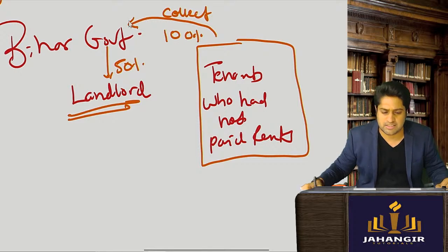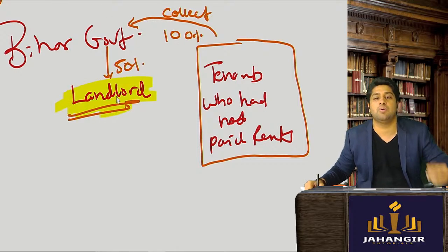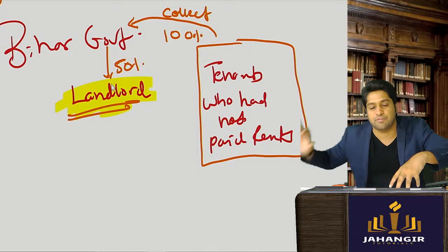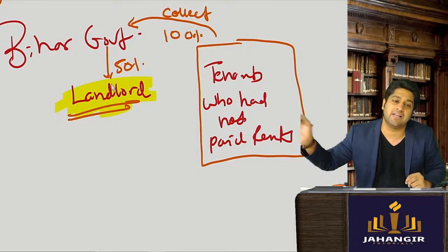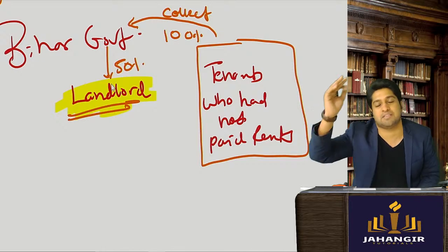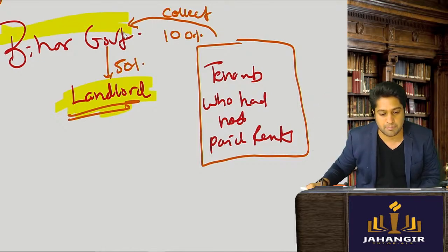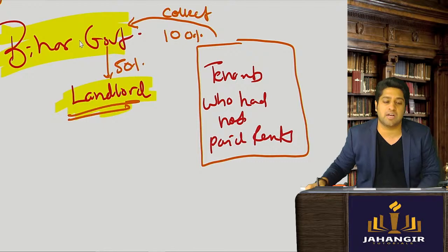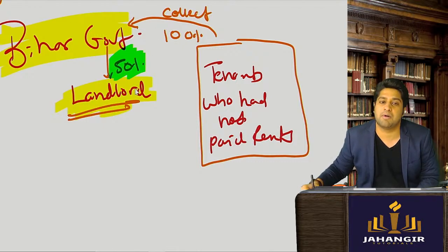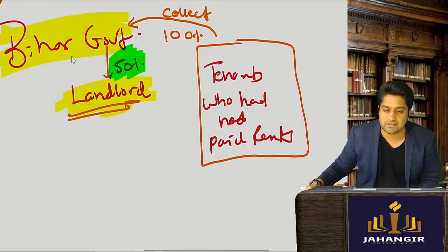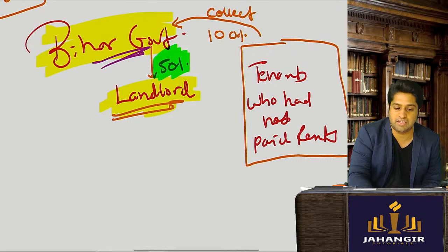So the landlord said that the law you are making, that you will collect 100% and give me 50, is not helping me. In reality you are stealing my 50%. So the Bihar government, which showed that they were passing a law to benefit the landlord, were in reality stealing from the landlord. It was found that this law is invalid and it was held to be colorable.